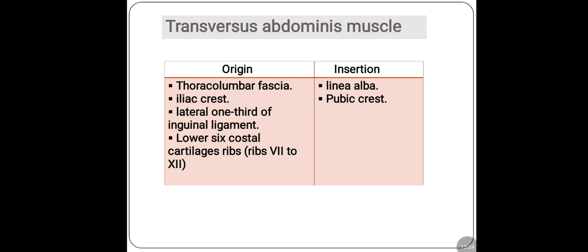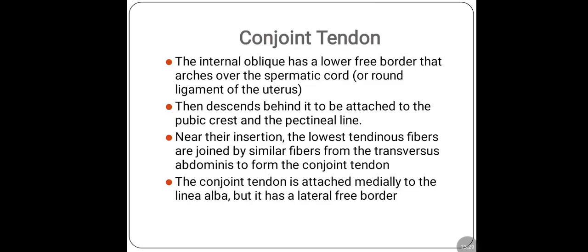It is inserted into the linea alba and pubic crest. We have the conjoined tendon. The lower free margin of the internal oblique and transversus abdominis fuse together to form the conjoined tendon.